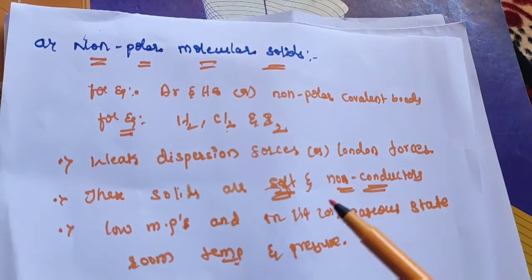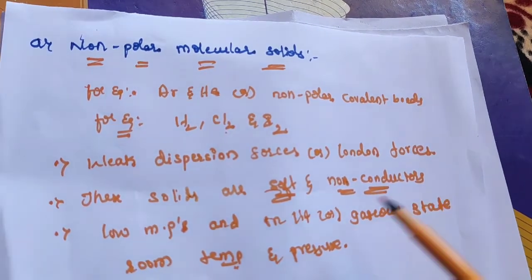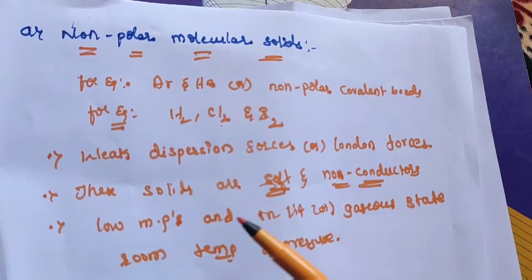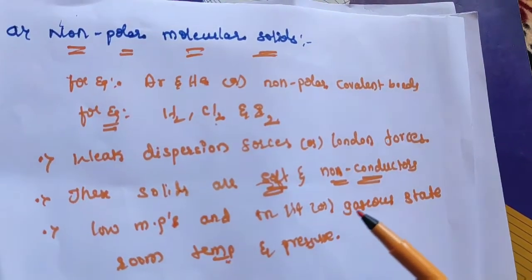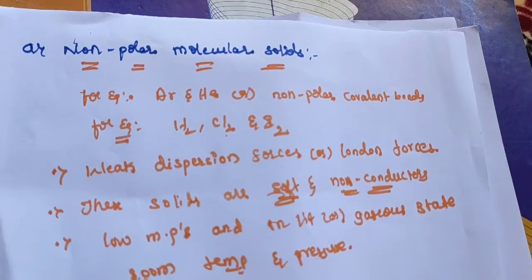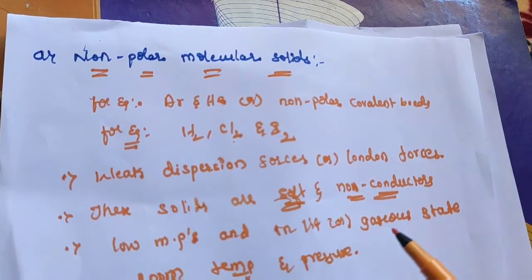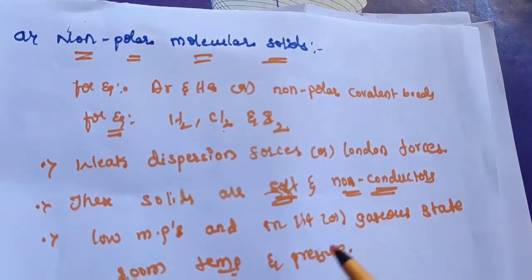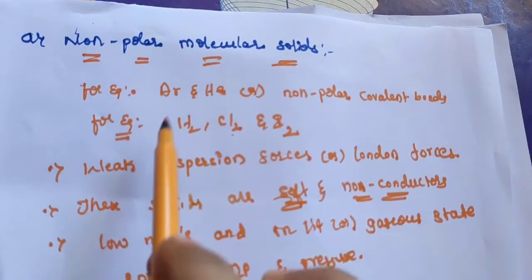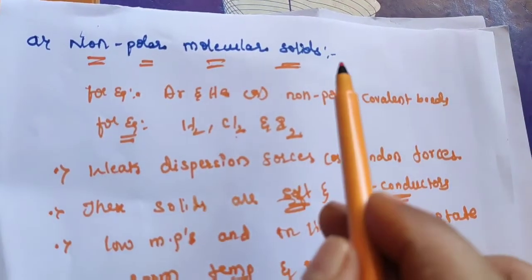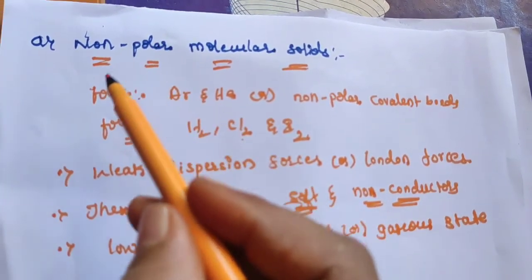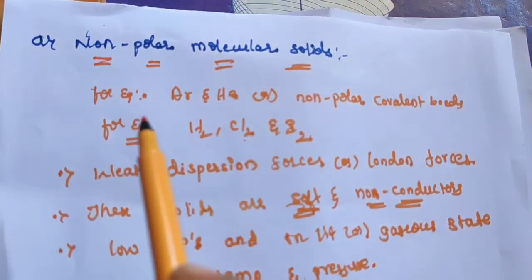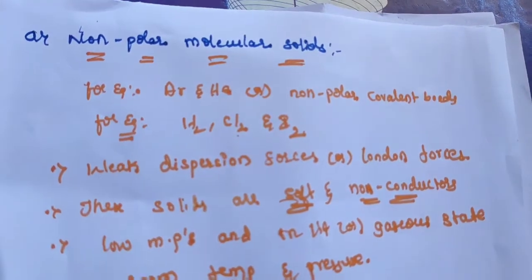They are soft, non-conductors of electricity, have low melting points, and exist as liquid or gas at room temperature and pressure. The name itself indicates that nonpolar means they do not consist of charges.